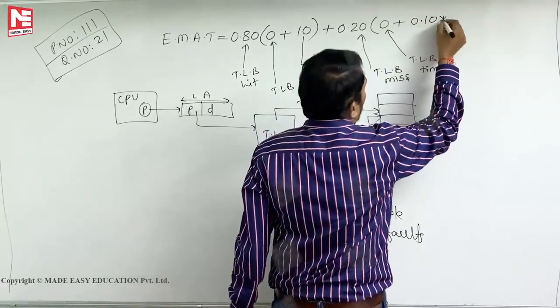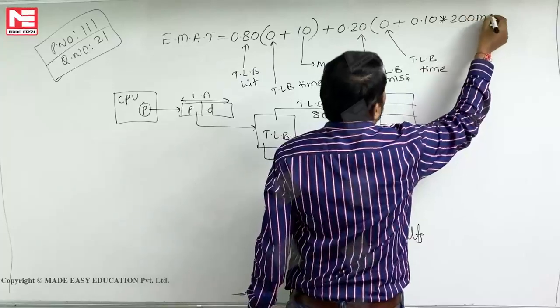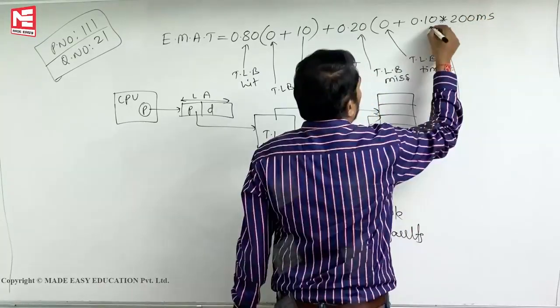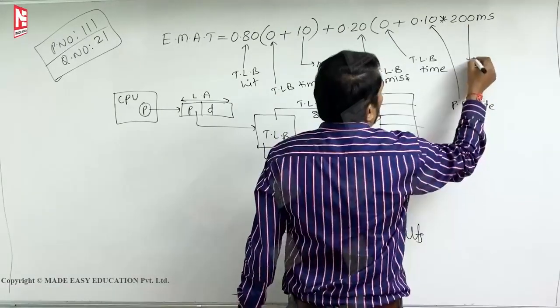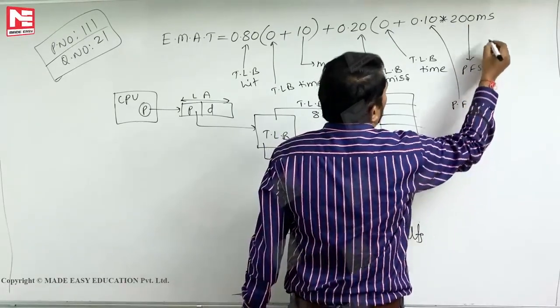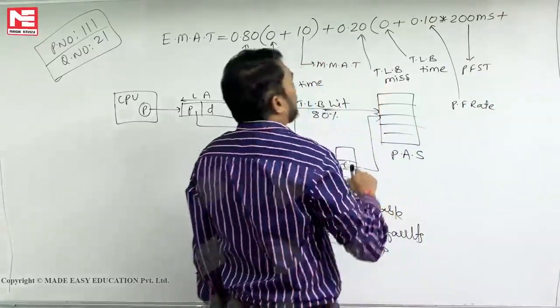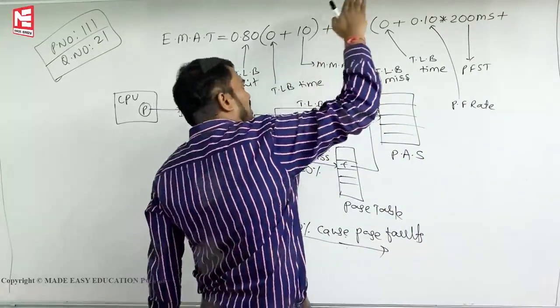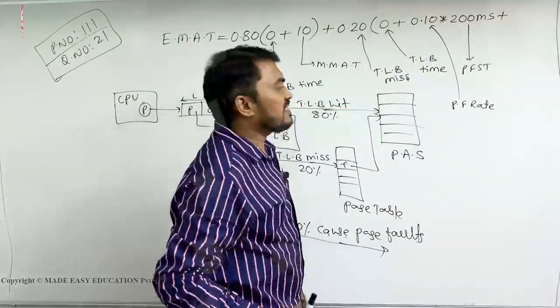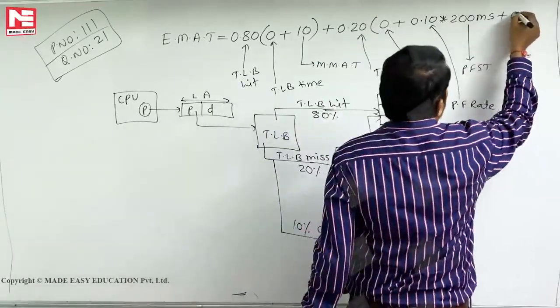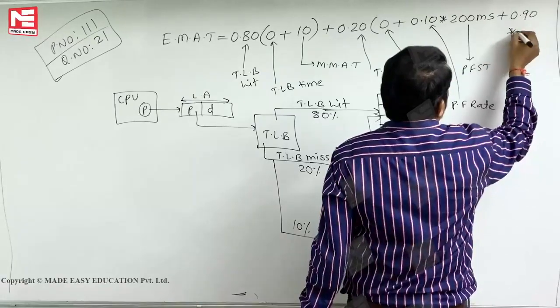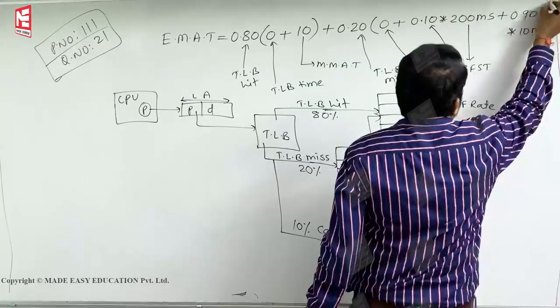And if it is a page fault, you apply the page fault service time. So this is the page fault rate, and this is the page fault service time, plus, in this 20% TLB miss, 10% cause page faults. If it is a page fault, you apply the service time, and for 90% there is no page fault, so that is 0.90, multiplied with the main memory access time, that is 10 milliseconds.